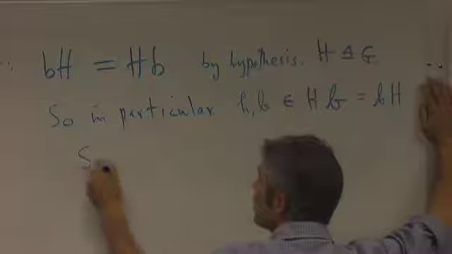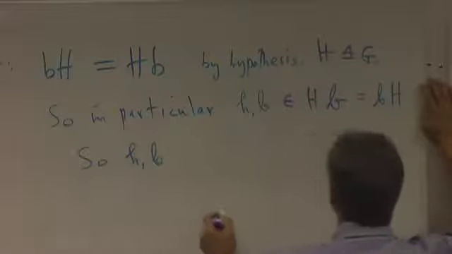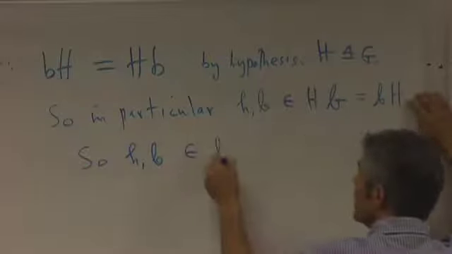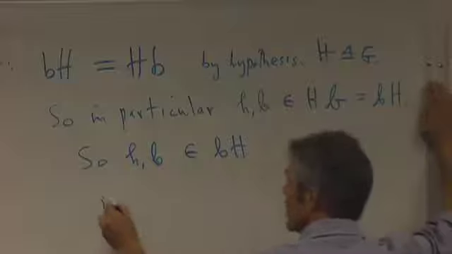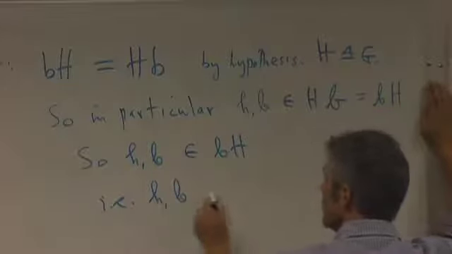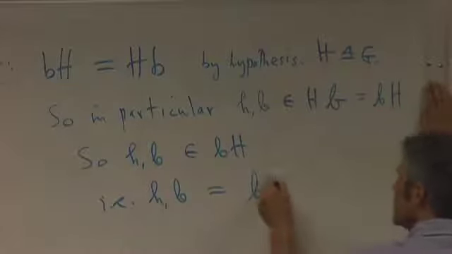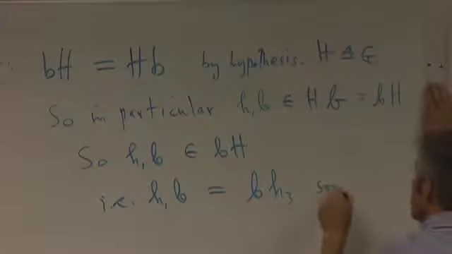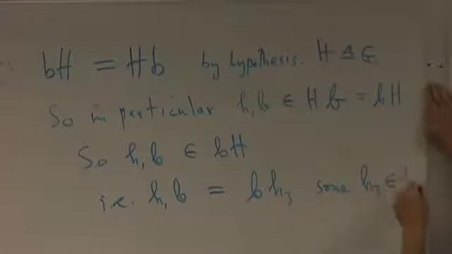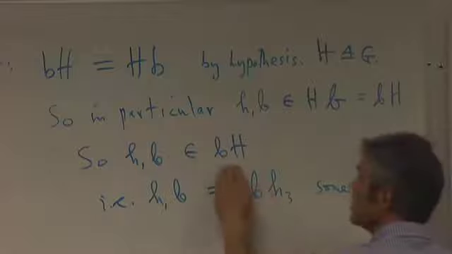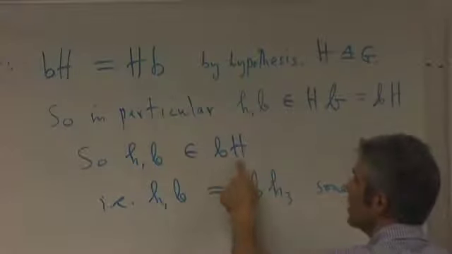So H1b is in bH. In other words, that thing, H1b, can be written as b times H3 for some H3 in H. So it means to be in a left coset: you can write it as whatever the left coset representative is combined with something in the subgroup.